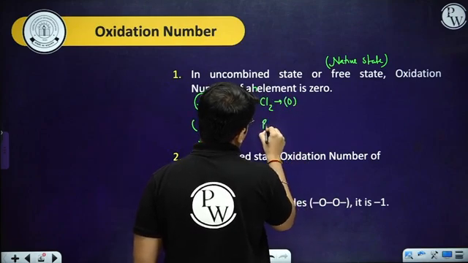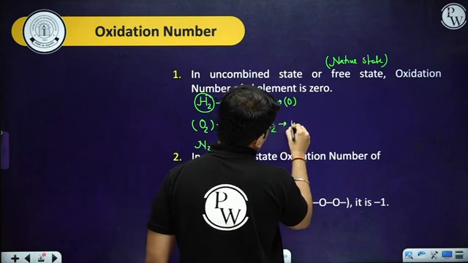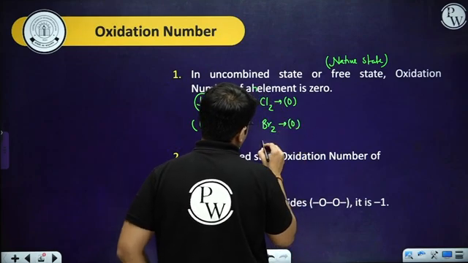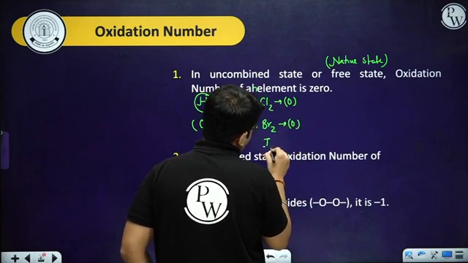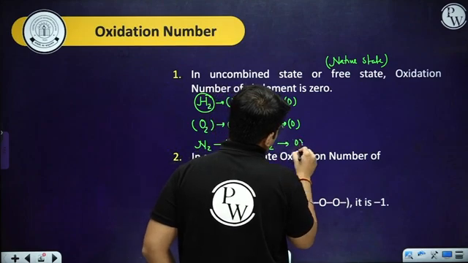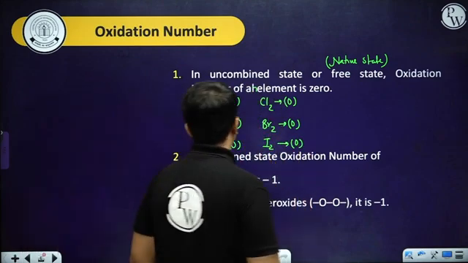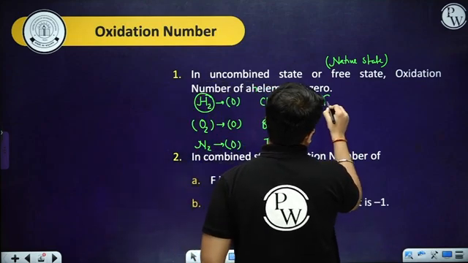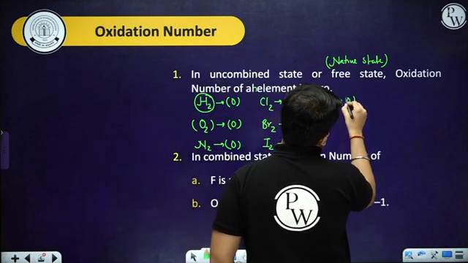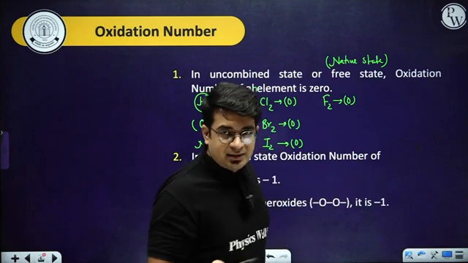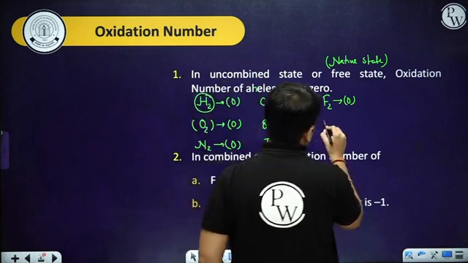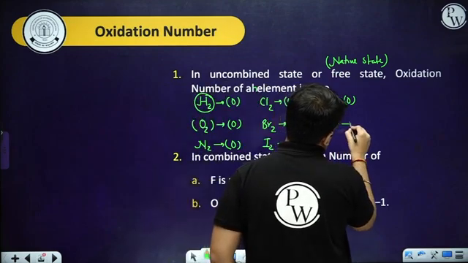In case of bromine, that will be Br2, again 0. In case of iodine, that will be I2, again 0. So these are the native states. Fluorine, you can consider fluorine, again native state is 0. For metals like sodium and magnesium, their metallic state is there. So Na, again 0.